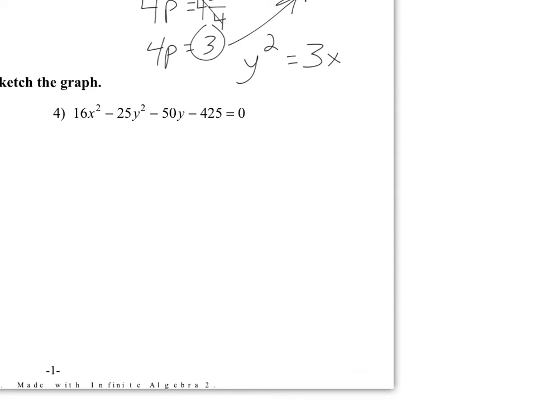Alright, for this one, there are no other x variables besides 16x squared, so we don't have to complete the square there. Now on the y variable, we do. So I'm going to factor out the -25, and that leaves y squared plus 2y.